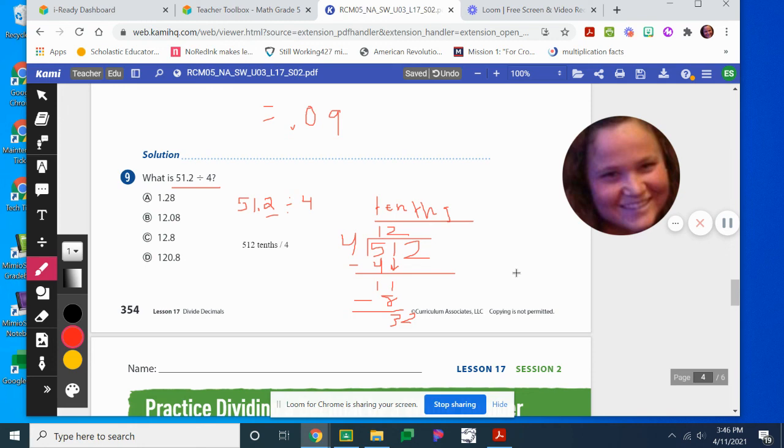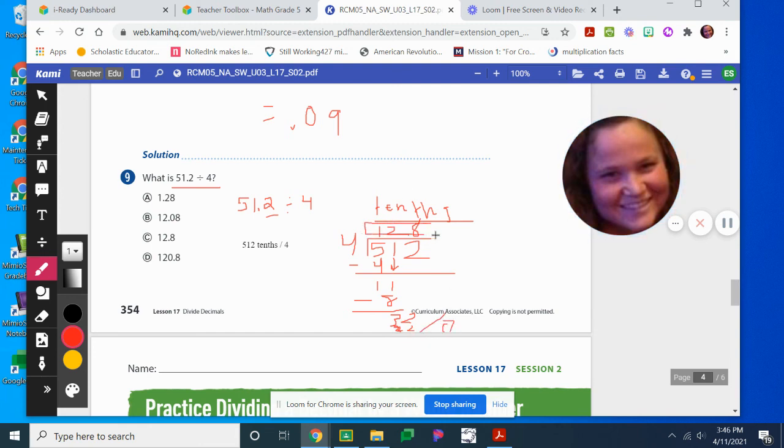How many times does 4 go into 32? 4, 8, 16. Okay, I can do this. 4 times 8 is 32. And I get a 0 as remainder.